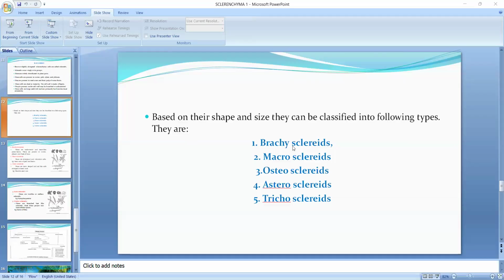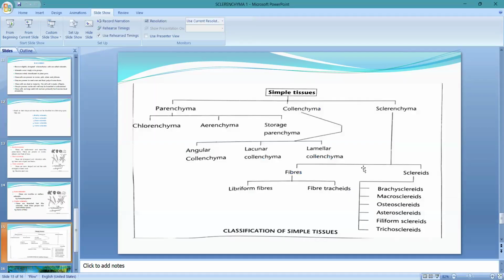Coming to sclerenchyma, there are fibers and sclereids. Fibers are 2 types, libriform and fiber tracheids; xylary fibers and extraxylary fibers we also observed. Coming to sclereids, we observed 5 types. This is the total topic about simple tissues.